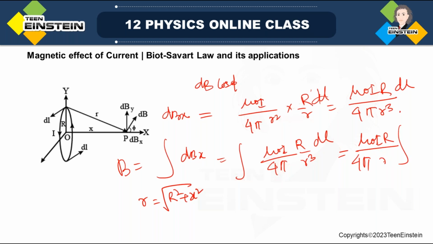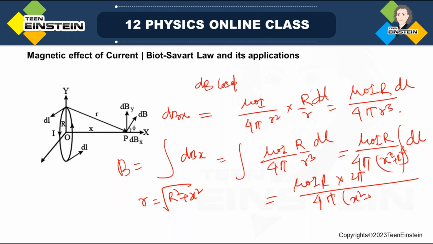If we do the integration, r cube means x square plus R square whole to the power 3 by 2. So integration of dl will give you 2 pi R.